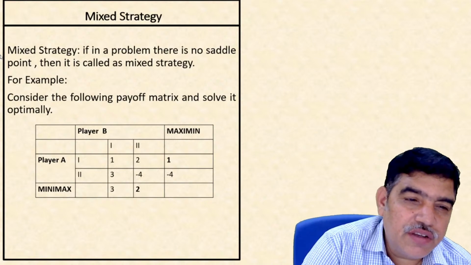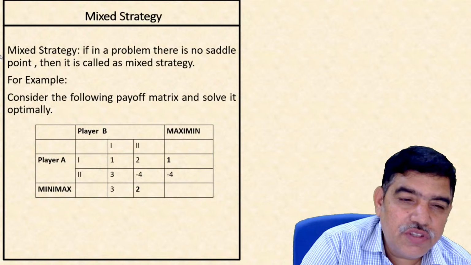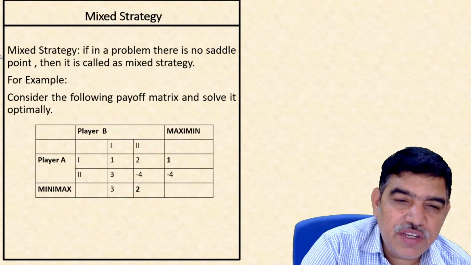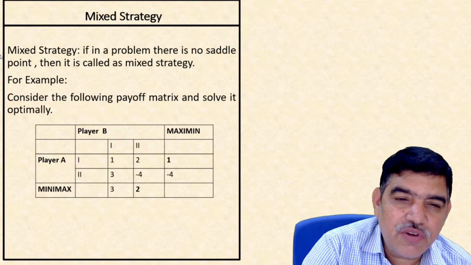Listen students, 1, 2, 3, minus 4. Row wise, 1 is the minimum profit in strategy 1, and we have to calculate the maximum. For strategy 2, 3 and minus 4, minus 4 is the minimum. From 1 and minus 4, 1 is the maximum. That's why I bolded it.